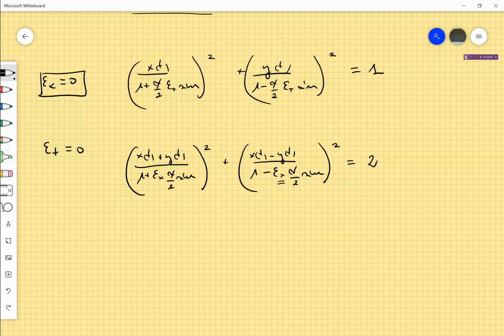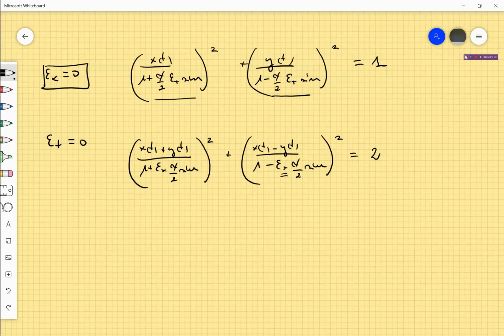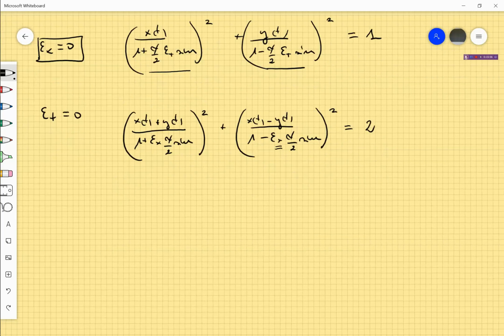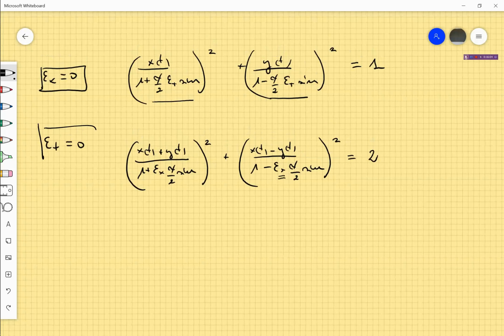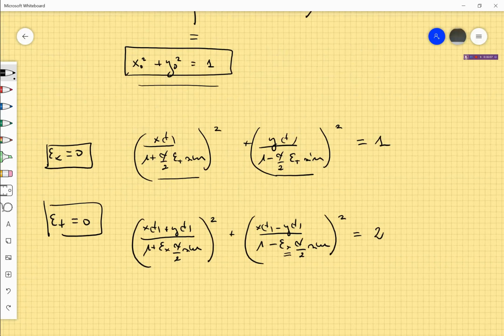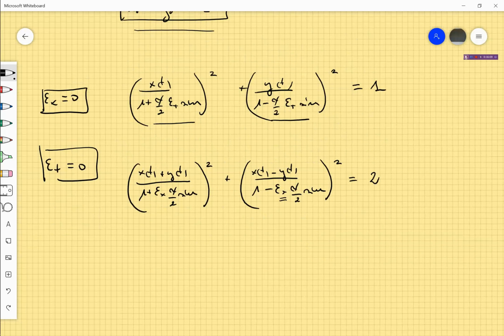And the question is how these two ellipses change with time. This is something that you can easily emulate with a computer. In each case, the thing that changes are these two values. So these will be ellipses whose shape changes with time. At t equals 0, it's a circle. Okay, so it is this circle. Then at different times, this vanishes.